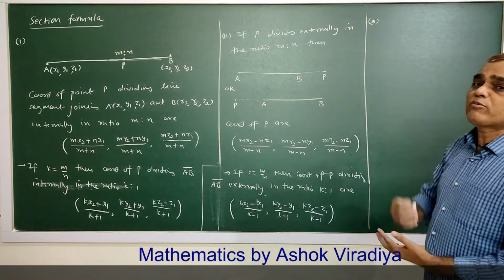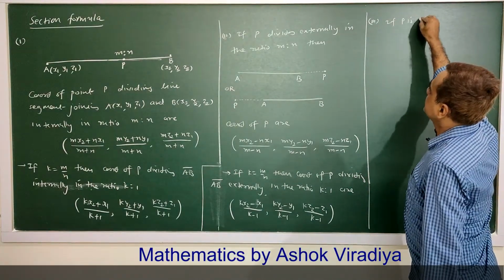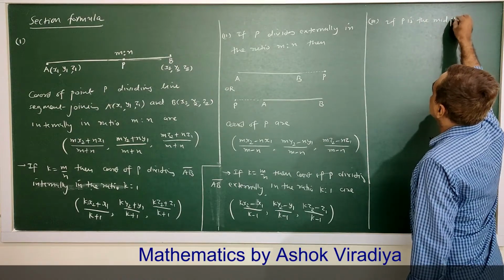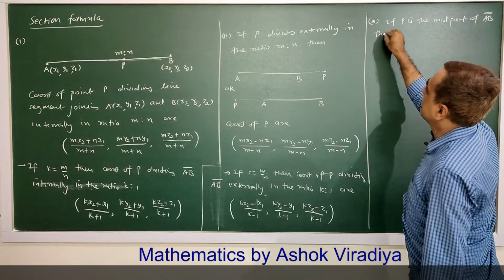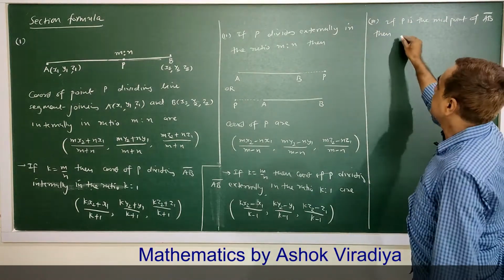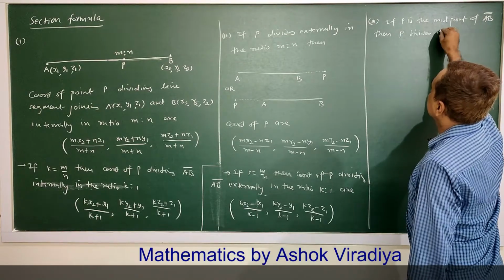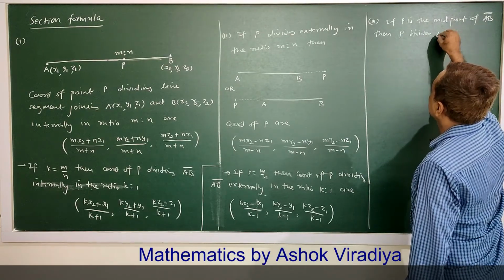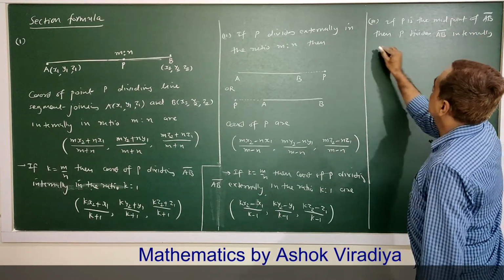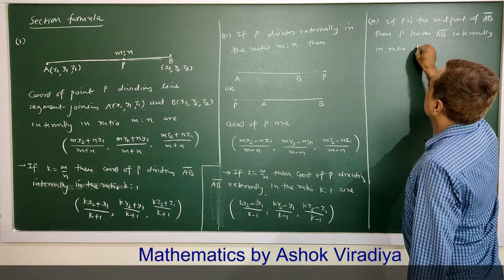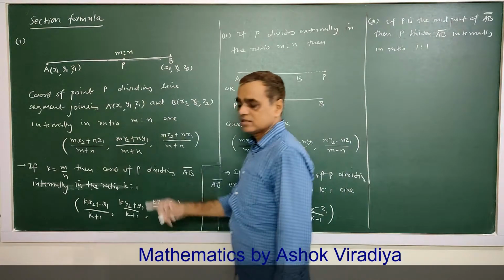If P is the midpoint of AB, then P divides line segment AB internally in ratio 1 is to 1.